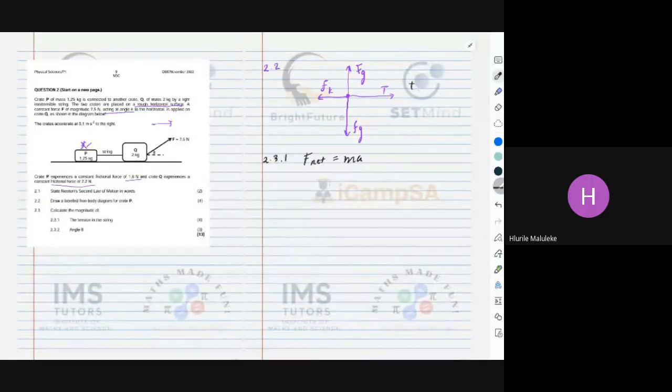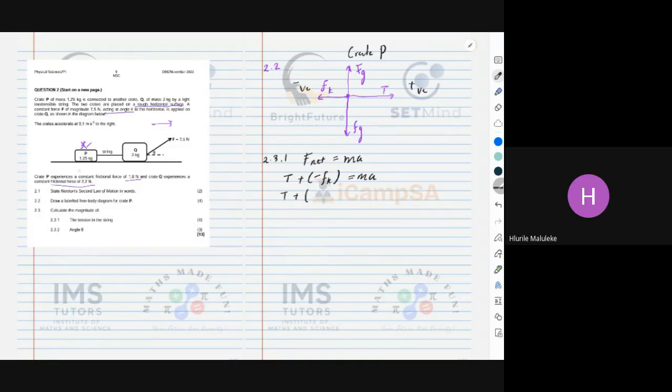So if this is positive, this is negative. Then we're going to have T plus minus Fk, because Fk is going to the negative side. Then you have ma, right? So which one are we considering first? So let's start with P. So P, this is body P.